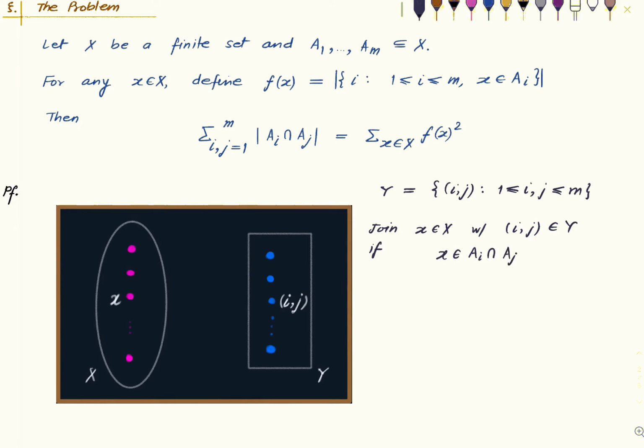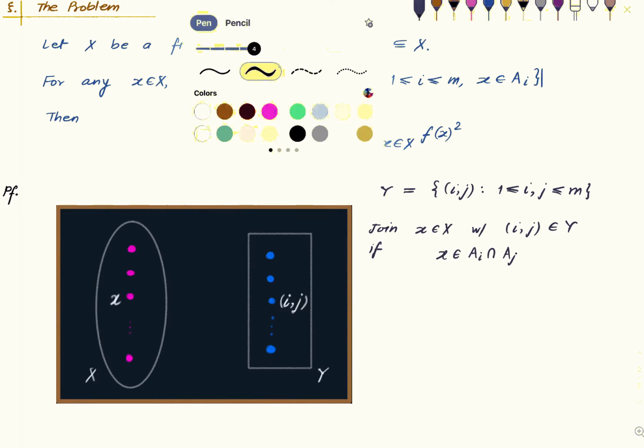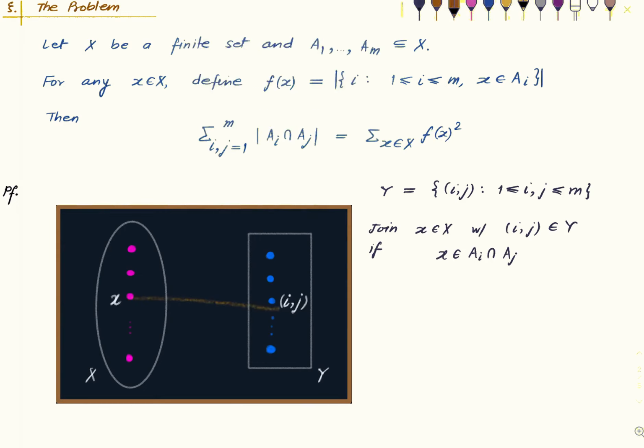So this is when we will join an edge. Maybe it's good to make at least one edge. So this edge will be joined, meaning drawn, if this happens. Otherwise, there will not be any edge between these two vertices. So some bunch of edges have been drawn.